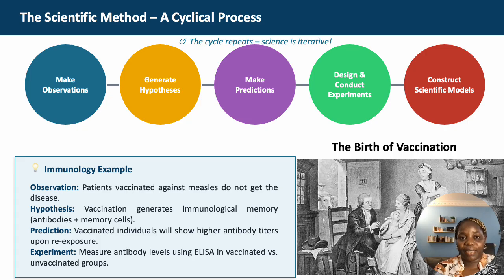So now here is where the scientific method begins. Jenner did not stop at just observing and noting that these women, when they had cowpox, never developed smallpox. He made an observation first, and then he formulated a hypothesis: exposure to cowpox confers protection against smallpox, because for him both were associated.